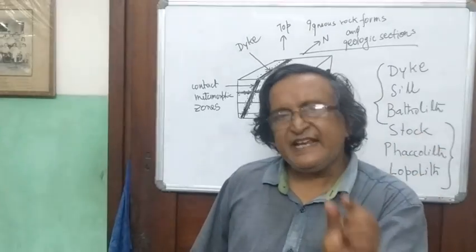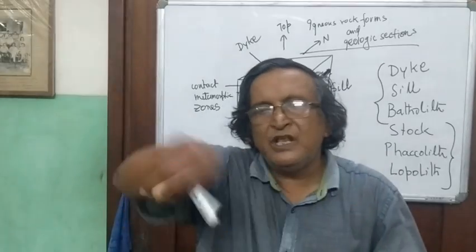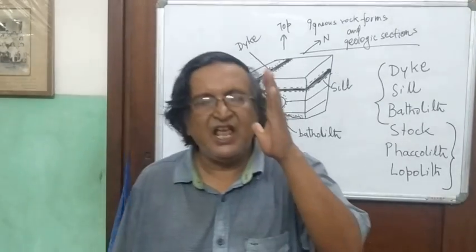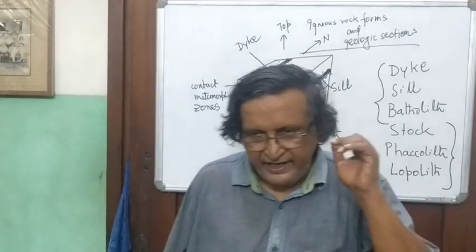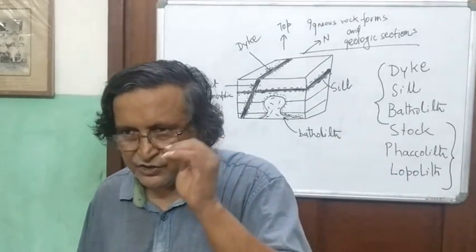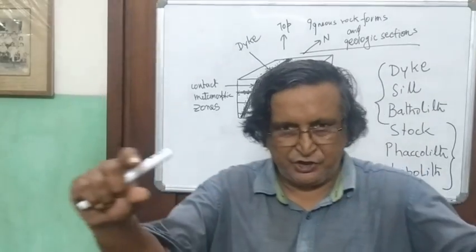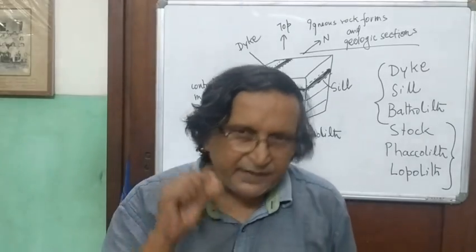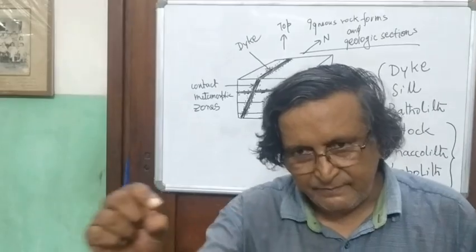That means its thickness is much smaller compared to the length and the breadth. A sill is an intrusive igneous rock body which is planar in shape and its width is considerably small compared to its length and breadth.